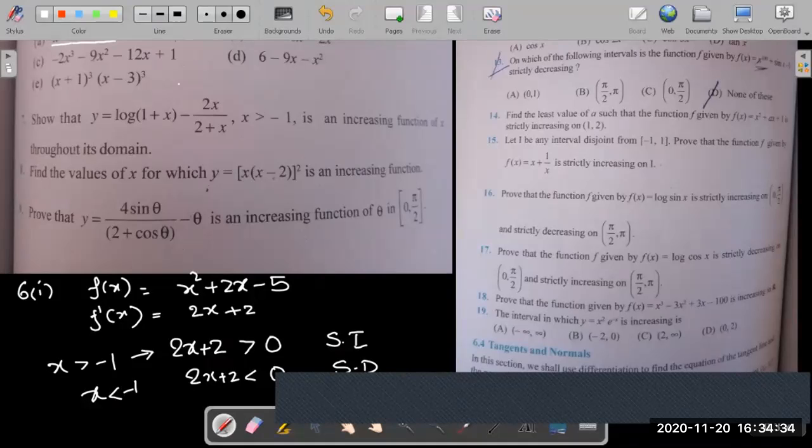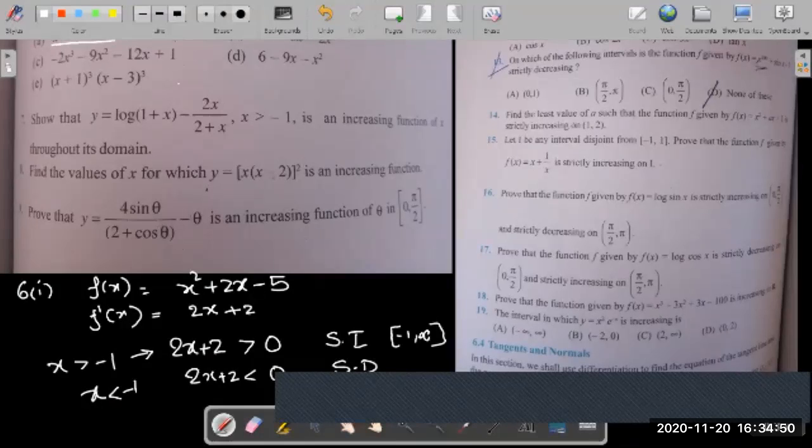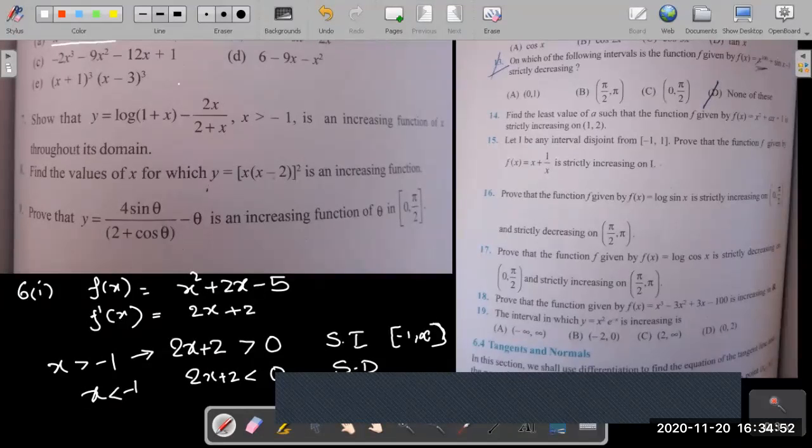So if we have to write it as an interval, then starting with minus 1 up to infinity is strictly increasing. For infinity, we can't put a square bracket, we have to draw a curved bracket. So this is the interval.